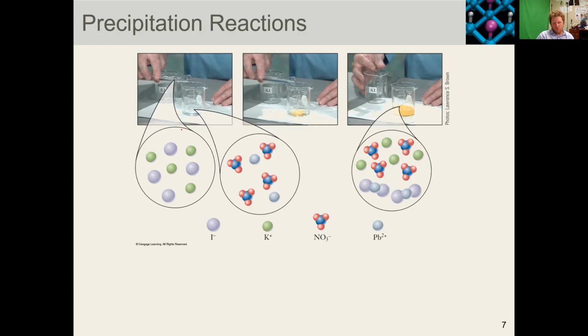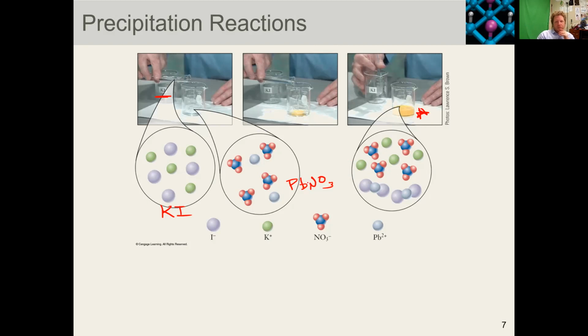So if you looked at them, you wouldn't really notice any solids in them. One back here is potassium iodide. That's got potassium ions and iodide ions. The other is lead nitrate. So KI and PbNO3. Now these are separate from one another, but when they get pooled together, a solid begins to form.